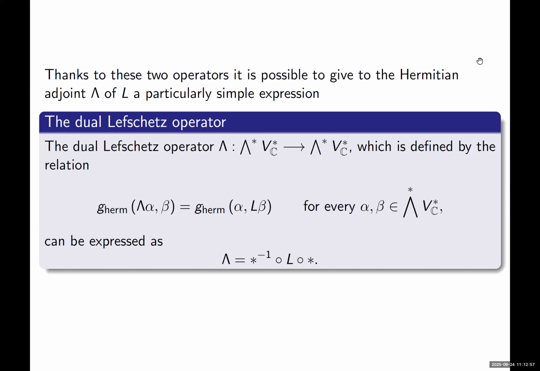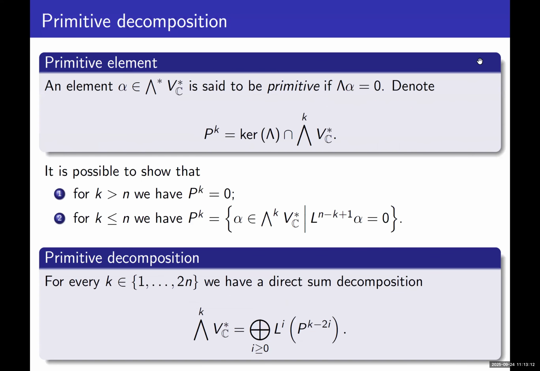In fact, it's not the case, since lambda is nothing but the conjugate of L, of the Lefschetz operator, with respect to these Hodge star operators. And once we have these three operators, we can define primitive elements and the primitive decomposition of the exterior algebra.